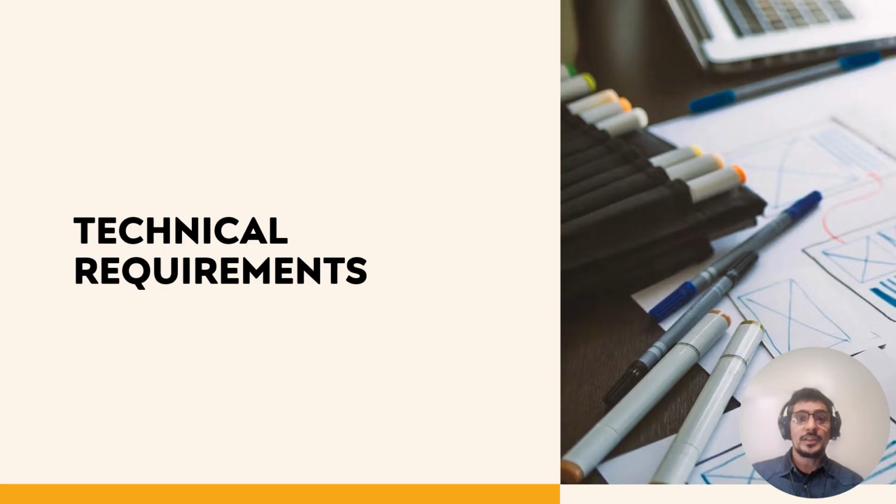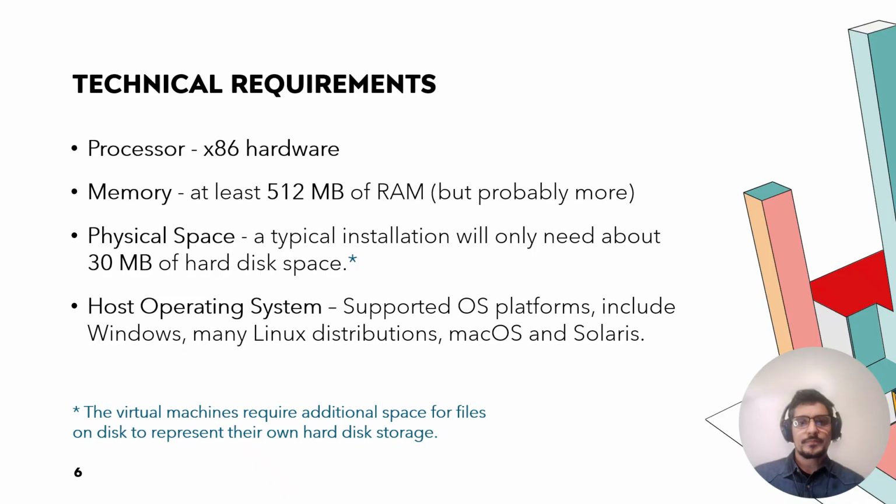Before installing it, we need to make sure our system meets the technical requirements. Based on Oracle's installation guidelines, VirtualBox requires an x86-based processor and at least 512 MB of RAM, although more memory is strongly recommended.